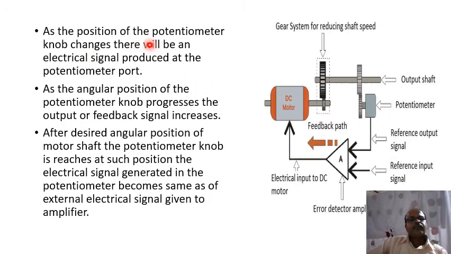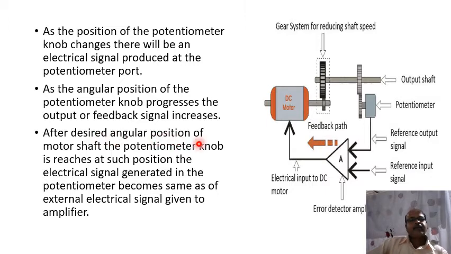As the position of the potentiometer knob changes, an electrical signal is produced at the potentiometer port. As the angular position of the potentiometer knob progresses, the output or feedback signal increases.